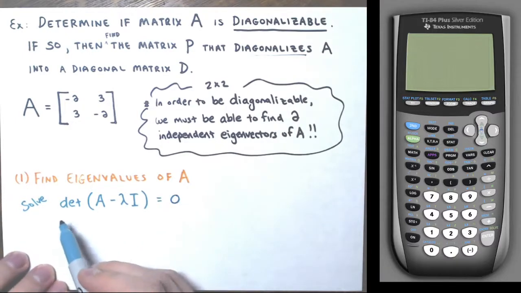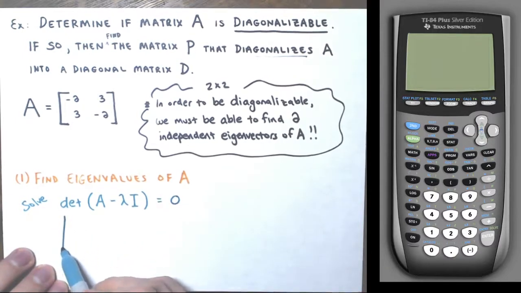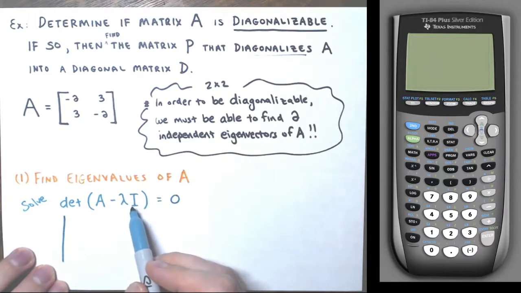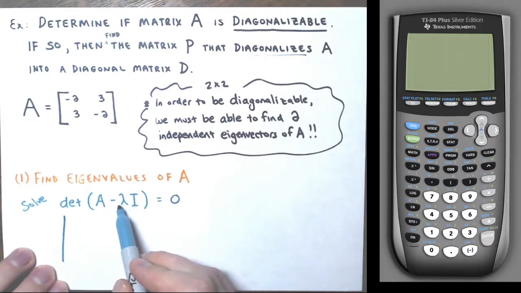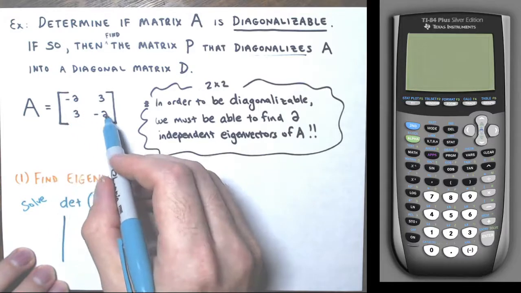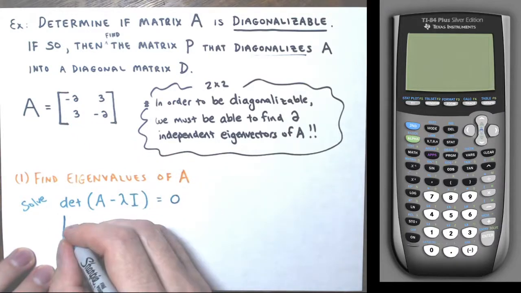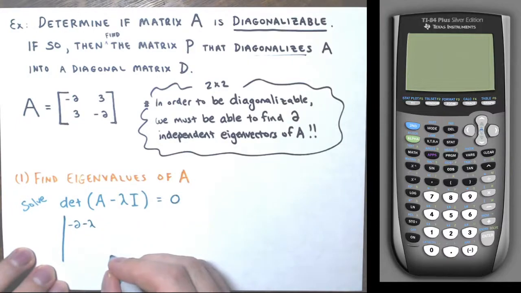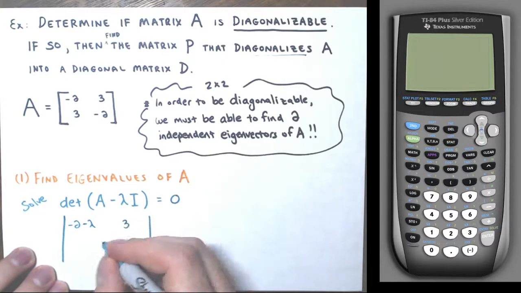So the determinant symbol, big bar around the matrix, and then what is A minus lambda I? Remember, it's just simply subtracting lambda from the main diagonal entries. So I have -2 minus lambda in the first row, first column, and again -2 minus lambda in the second row, second column, and then big bar again for the determinant symbol. And the other entries not on the main diagonal remain the same.